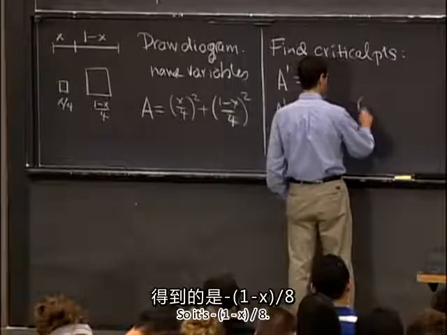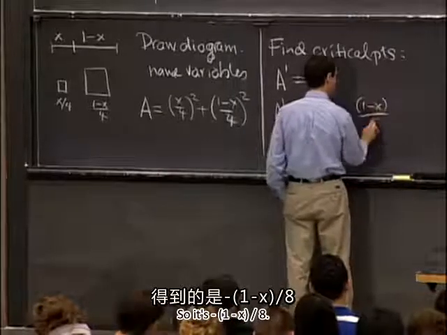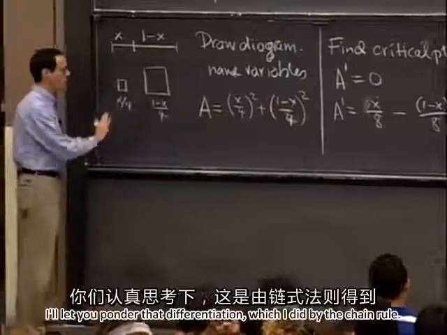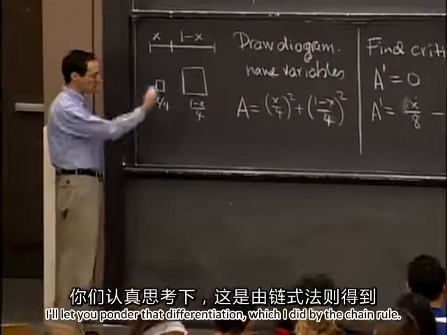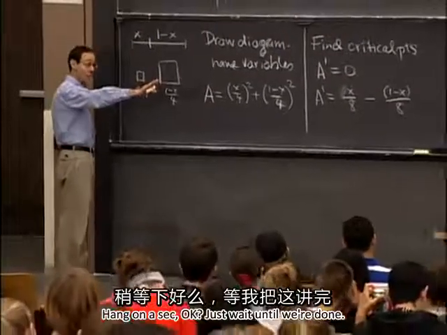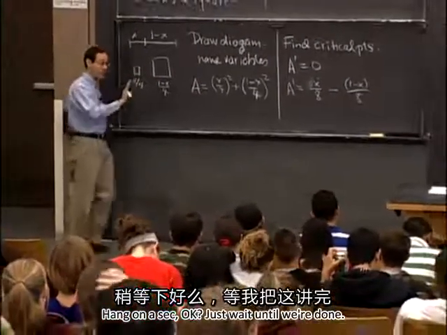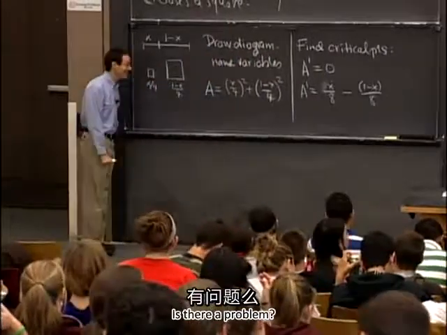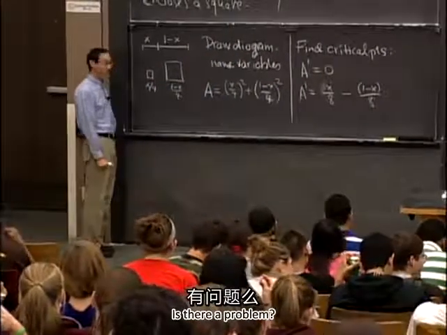So it's minus (1 minus x) over 8. So there are two minus signs in there. I'll let you ponder that differentiation, which I did by the chain rule. Hang on a sec. Just wait until we're done. All right, so here's the derivative.